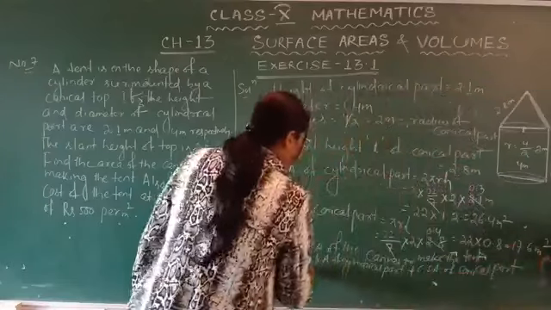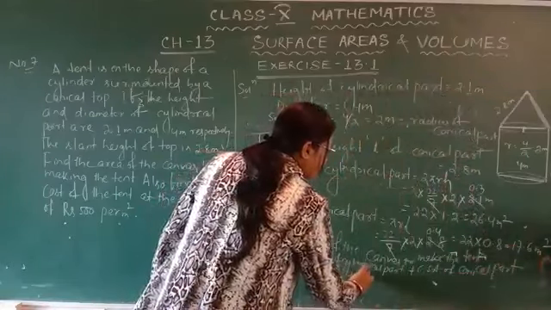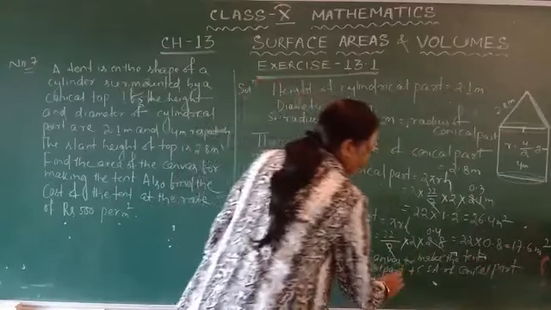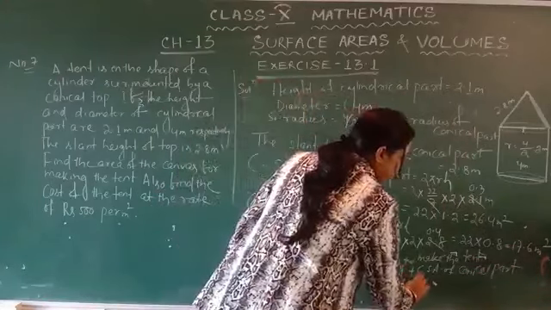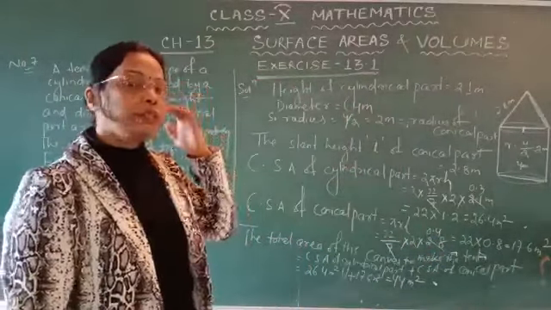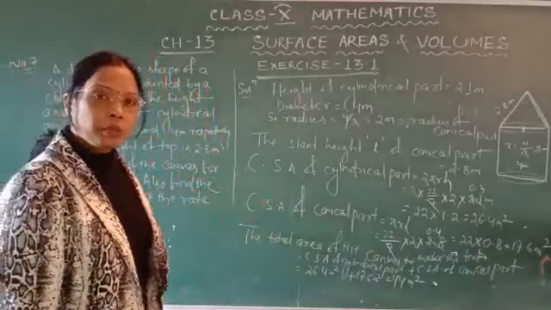So that is 26.4 meter square plus 17.6 meter square, that is equal to 44 meter square. So the total area of the canvas required to make the tent is equal to 44 meter square.